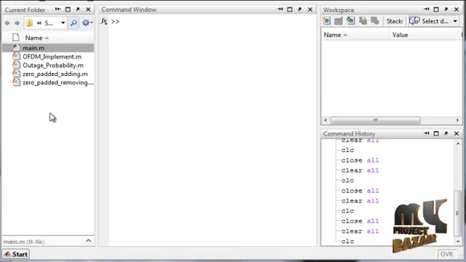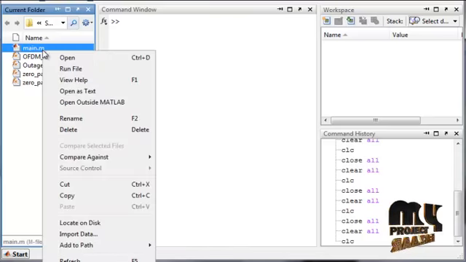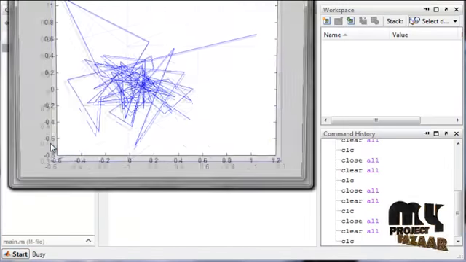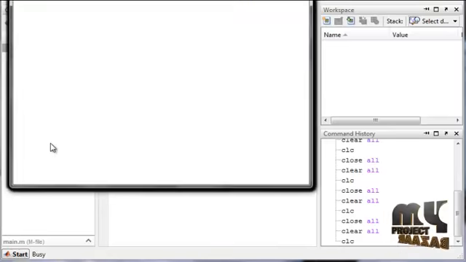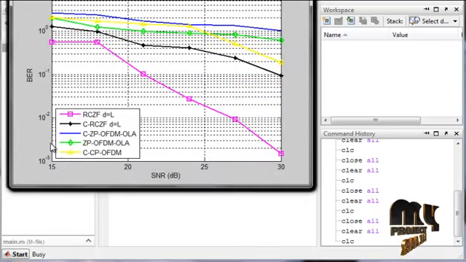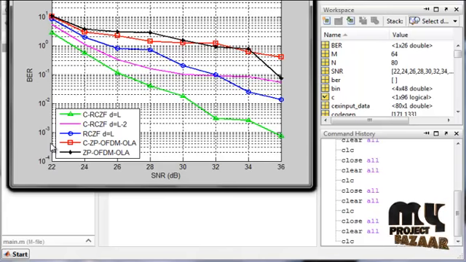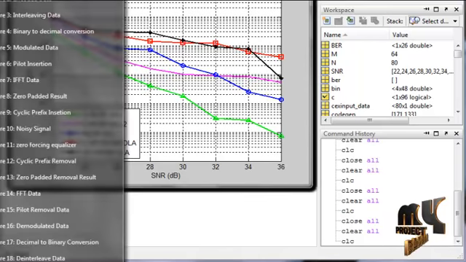Here we discuss the running procedure for the product. Select the main.m file for executing the product. Now by executing the file, many outputs are displayed. All the outputs are related to our flow diagram for both the transmitter and the receiver side. The transmitter side first generates the input data.